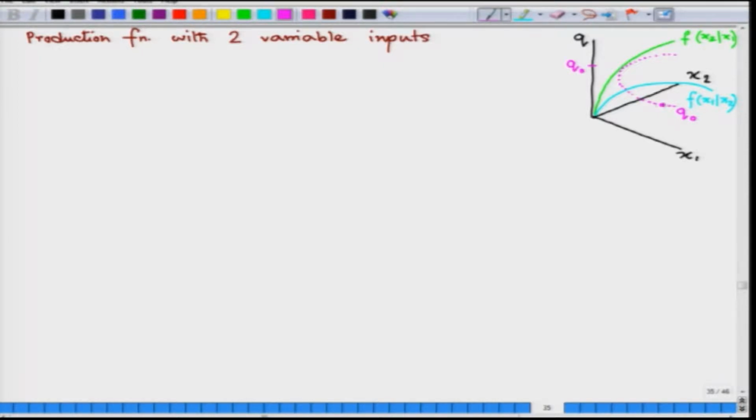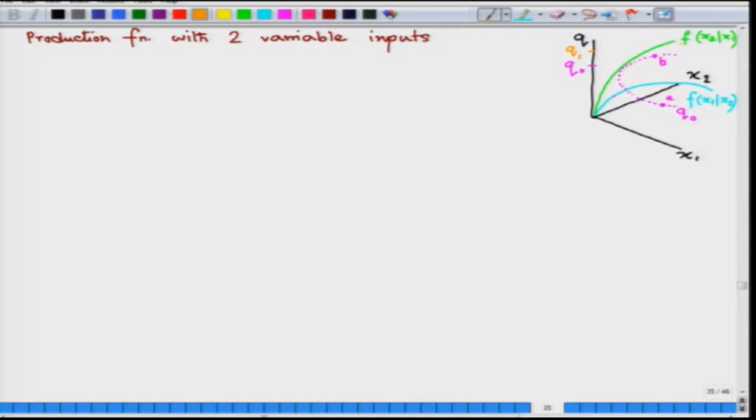Suppose I take a point here, say point A, and a point there, say point B. I can take these 2 points A and B on this contour line q naught or isoproduct line q naught, and then I can superimpose these 2 points in the input plane. Here I can take another conical cross section, and the height along the output axis this time will be q1, at which I am going to take the conical cross section.